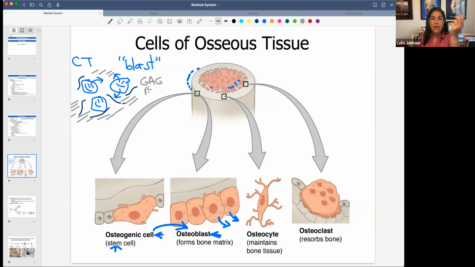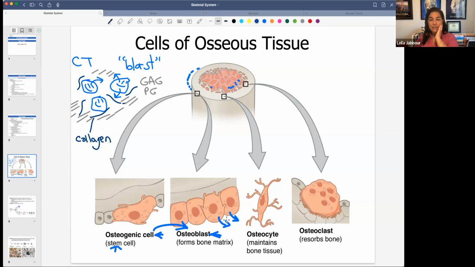Glycosaminoglycans, proteoglycans, and glycoproteins are all part of the molecules of the ground substance around the protein fibers. But collagen is the main protein fiber, and there's a specific type of collagen in bone and another type in cartilage.